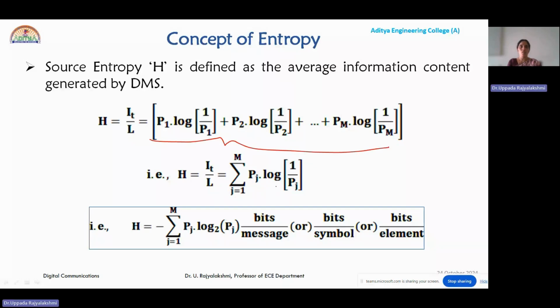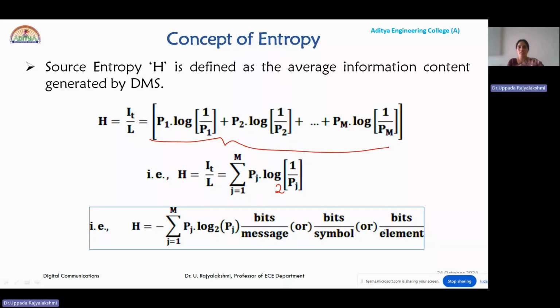We know that the units of information are bits when the base of the logarithm is 2. In the same manner, the unit of entropy is bits per message, because here we are transmitting messages. For example, if you are transmitting symbols, the units will be bits per symbol.